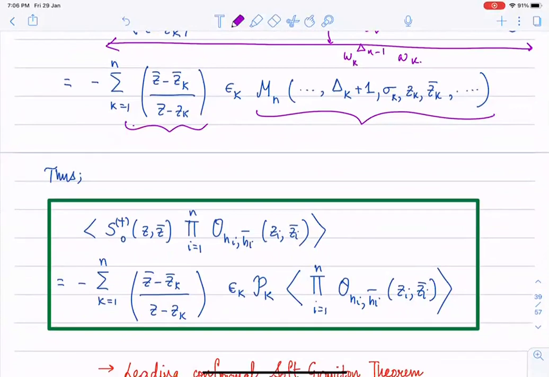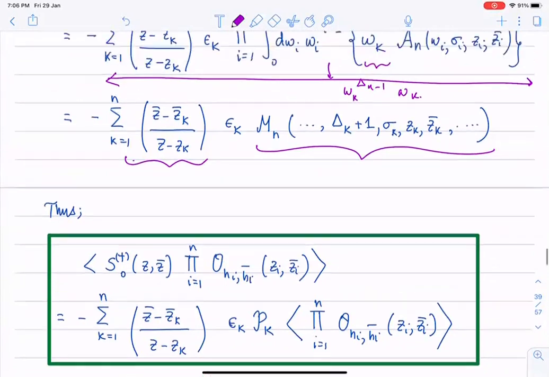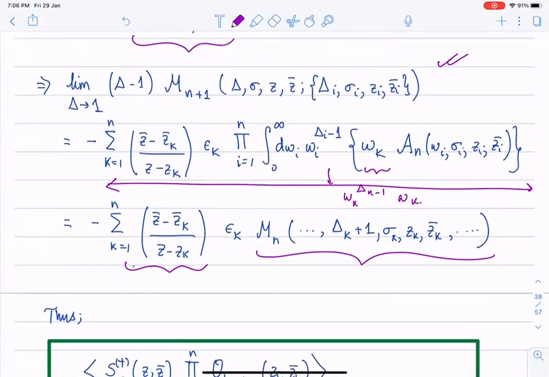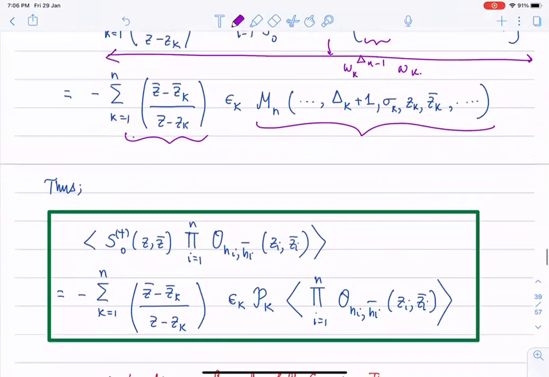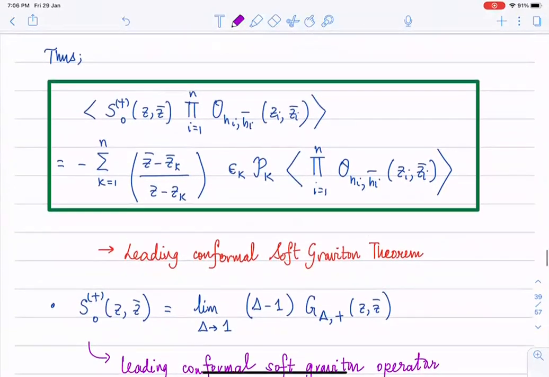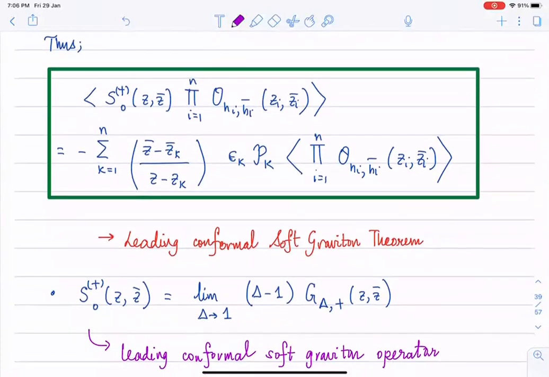Now we can write out this statement using the correlation function form which we had been using before. If we translate this statement about the factorization of the n plus 1 point Mellin amplitude into the language of correlation functions, you get the following.